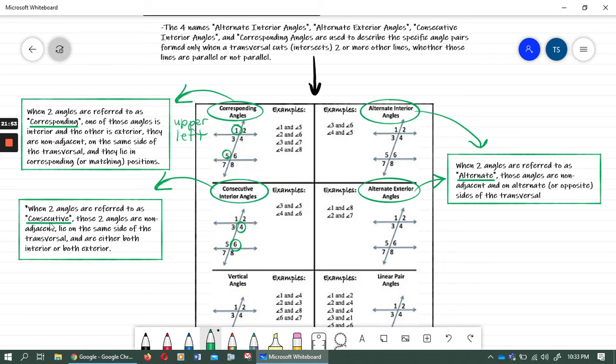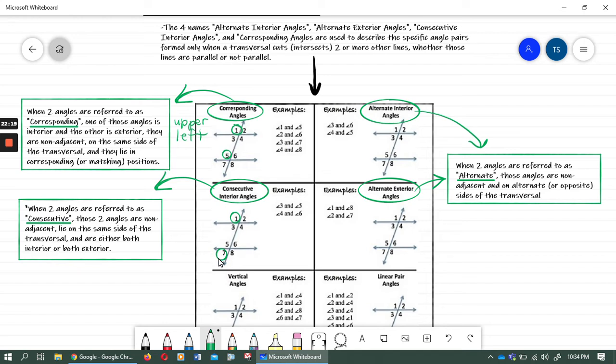When they use the word consecutive, again, guys, they could use consecutive interior angles like what I just showed you here with angle 4 and angle 6, or angle 3 and angle 5. But again, there are some places where they would be referring to consecutive exterior angles, like angle 1 and angle 7, like what I'm showing you right here.